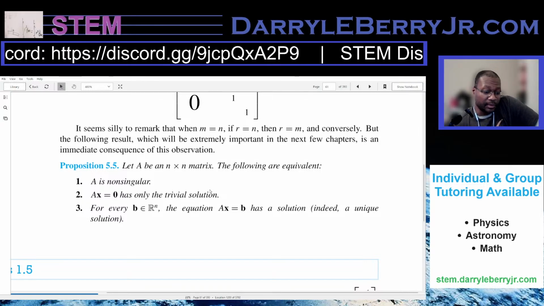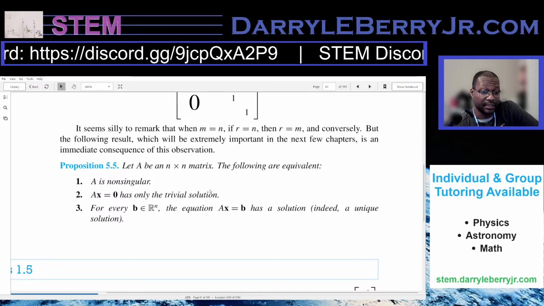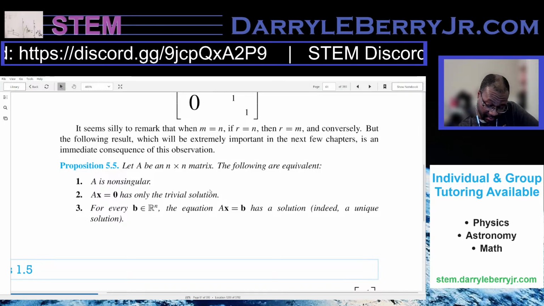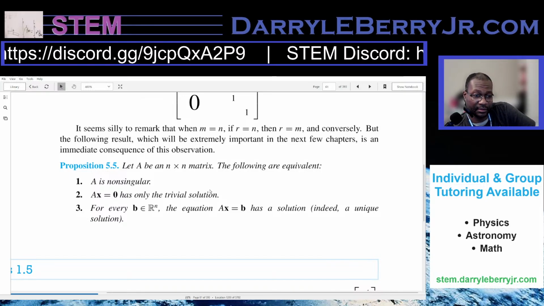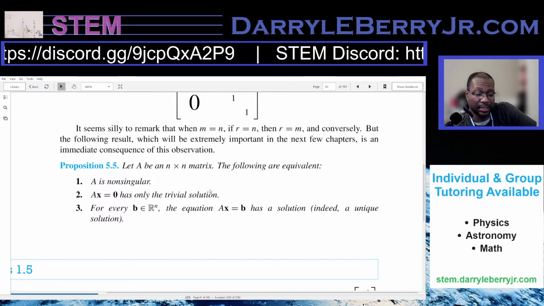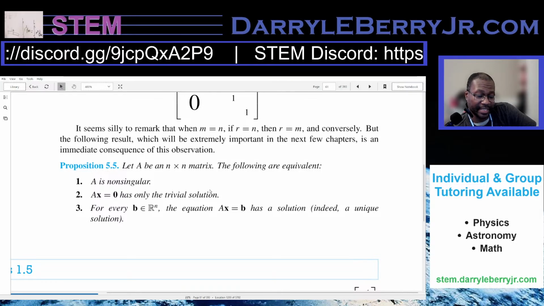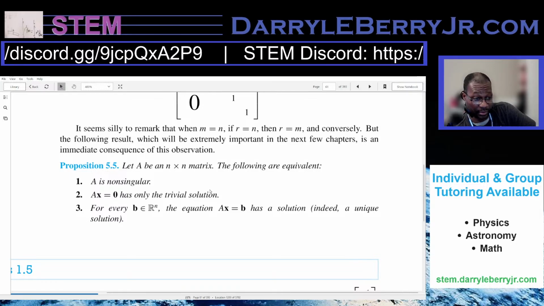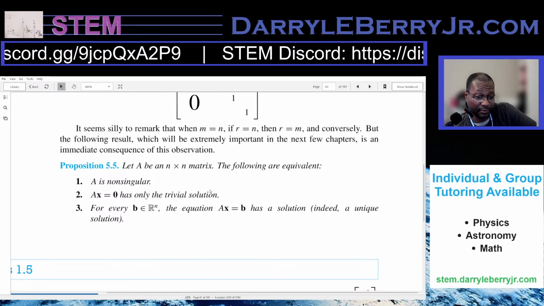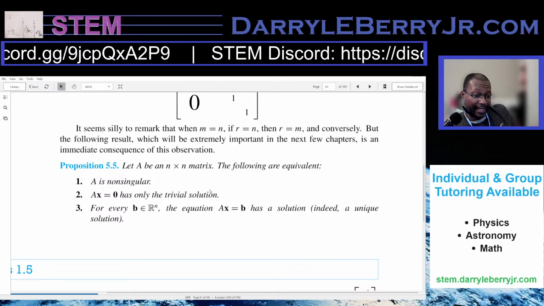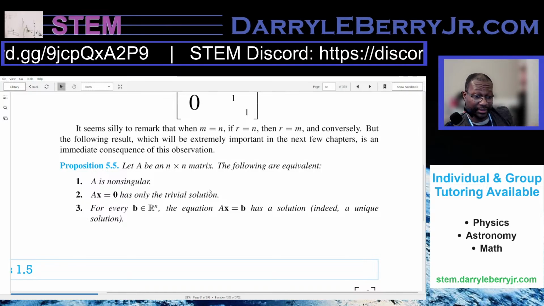So, proposition 5.5. If it is non-singular, which means it is a square matrix in R and the rank, the number of pivots, spans the full matrix, that also is to say it has only the trivial solution to AX equal 0, because there is a value for every single pivot, and for every b in Rn, the equation has a unique solution.